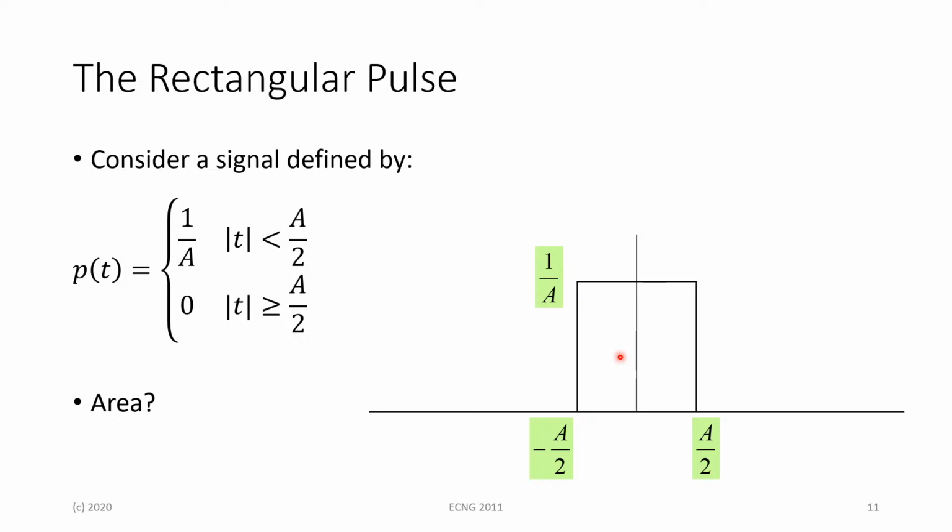So the question is, we have this rectangular pulse, but what is the area under the rectangular pulse? Simply put, you can just take the length by the breadth and get the area, but mathematically this is going to be an integral operation.